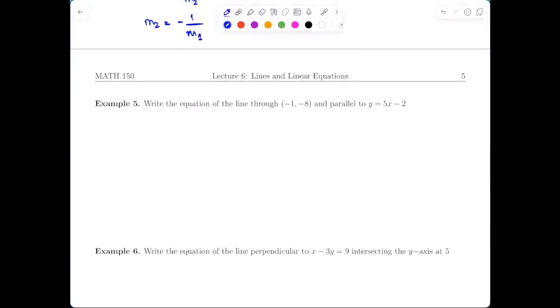For example 5, you want to write the equation of a line going through the point (-1, -8) and parallel to the given line y equals 5x minus 2.